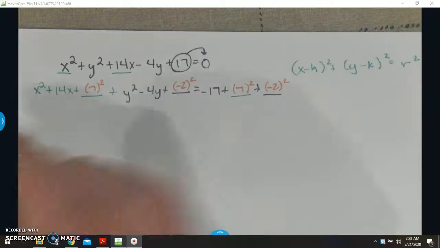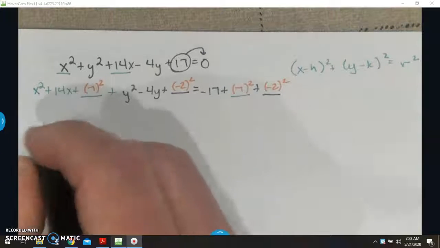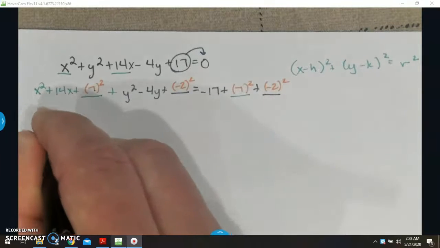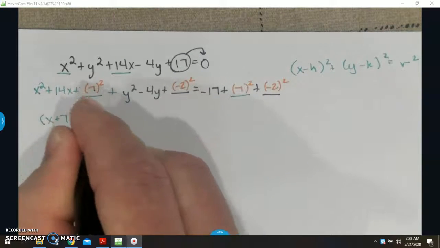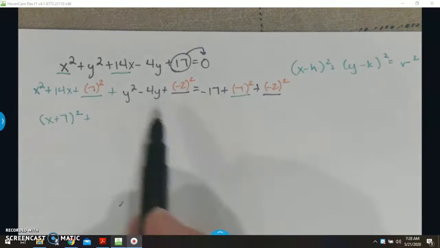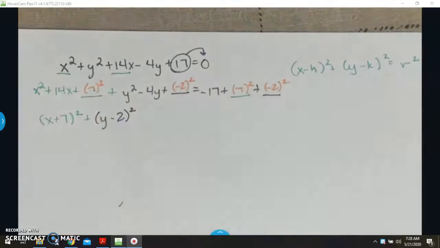Whatever number we put here is going to be in our equation. This here will be y minus 2 squared.